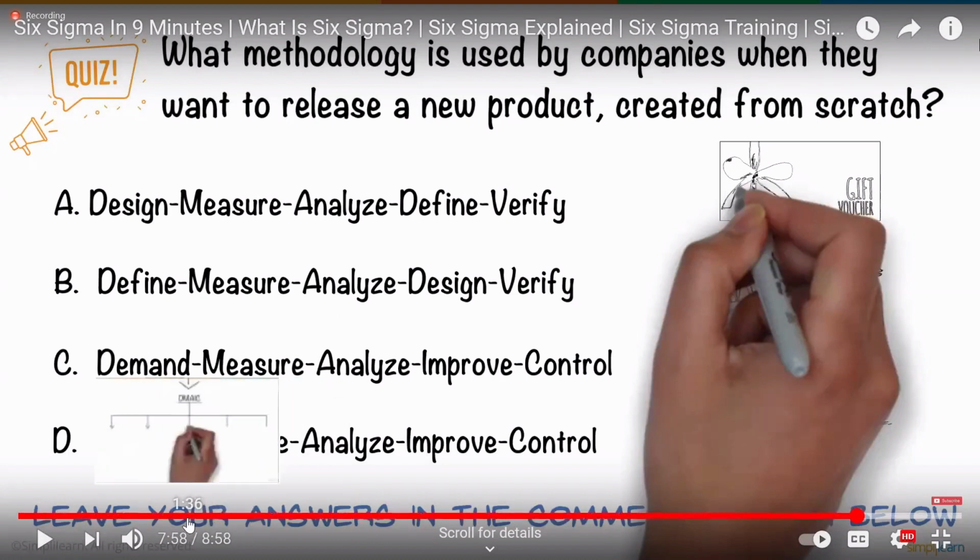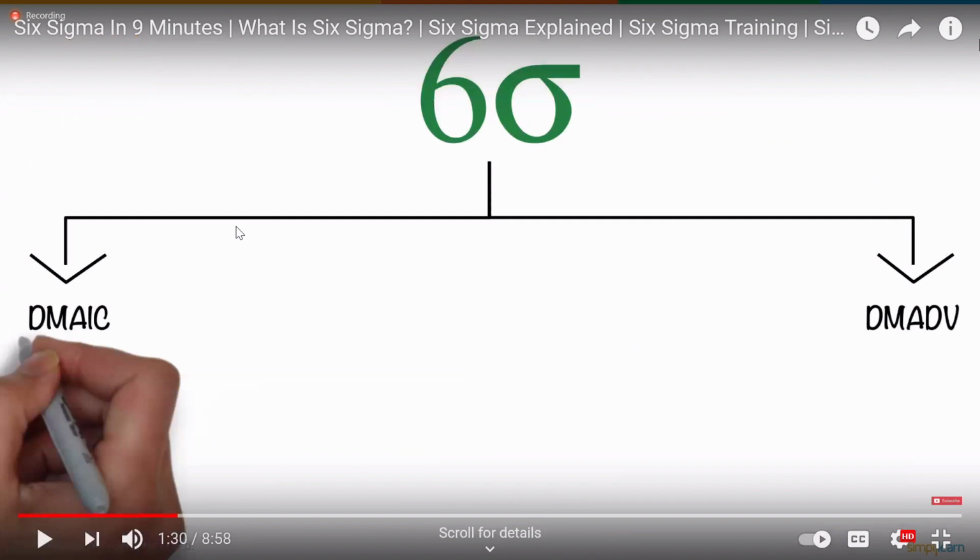So those two: DMAIC and DMADV. DMADV for a scratch, a new product, and DMAIC for an existing product. DMADV. This is the last question's answer.